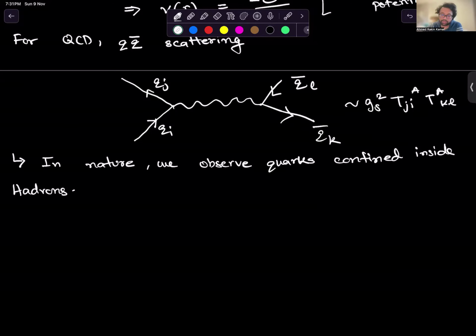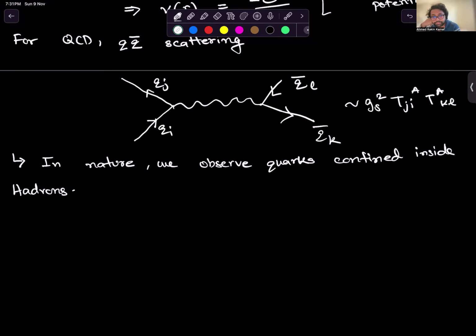For example, protons or neutrons, the familiar particles that we know of, are basically bound states of quarks. So these are singlets. I'll not go into the detail of the representation, but these are called color singlets because of some representation theory logic.